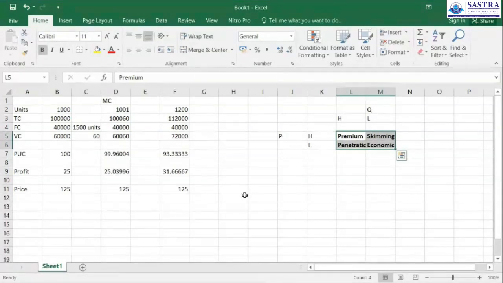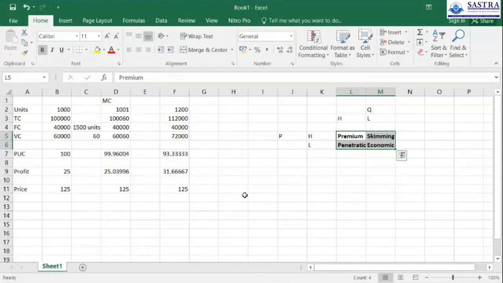We call this the premium pricing strategy. Take the example of Apple, which charges a premium price in the market, or in stationery, Parker pens. They charge the premium price.